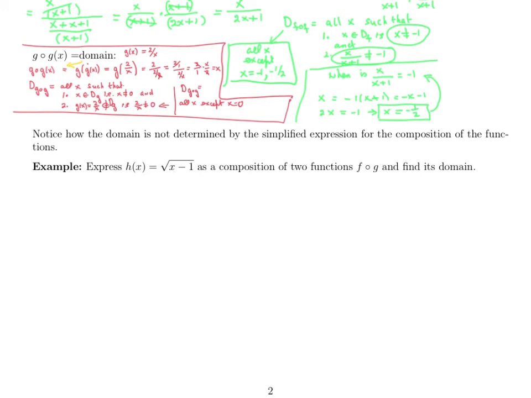Now notice how in this last example the formula for the function was very, very simple. It was just x itself, but the domain was not the domain of the function f of x equals x. It was all x except x equals 0.